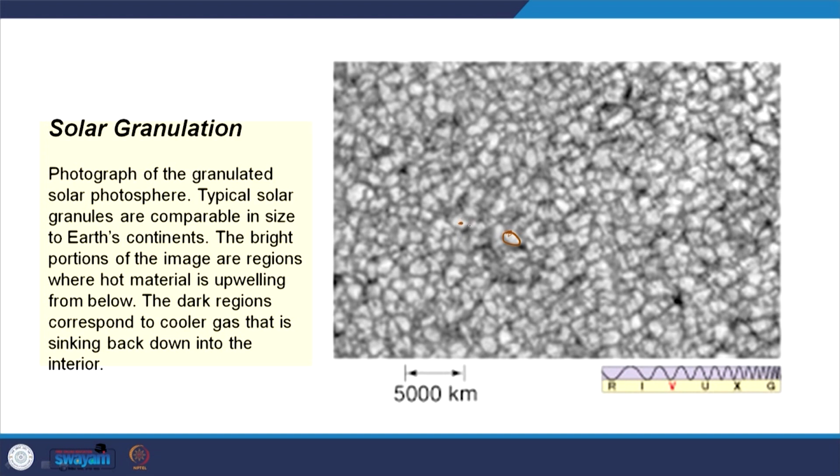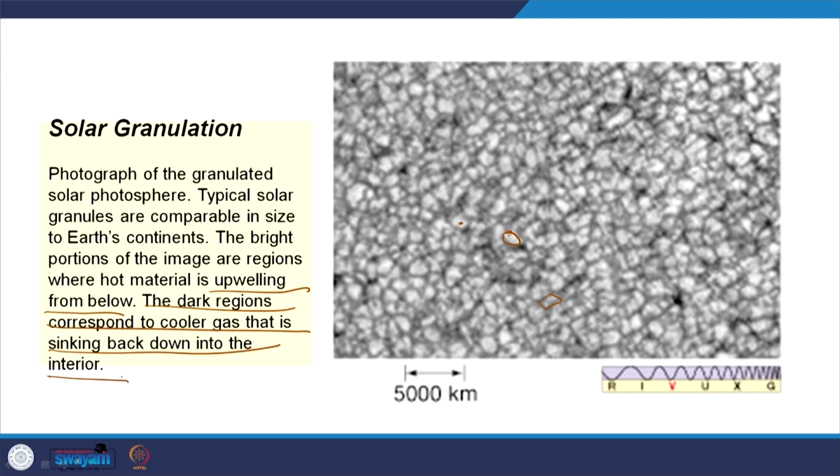The bright portion is the region where the matter is upwelling, and the darker background or the darker outline is the region where the matter is going back towards the core. The bright portions of the image are the regions where the hot material is upwelling from below. The dark regions correspond to the cooler gas that is sinking back down into the interior.